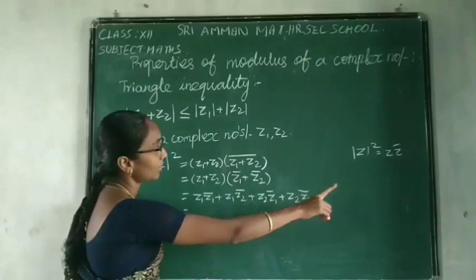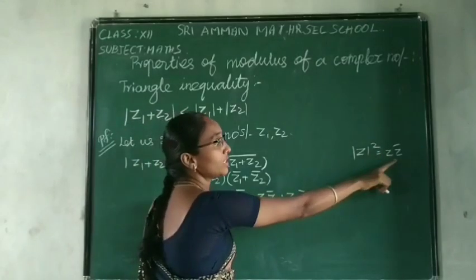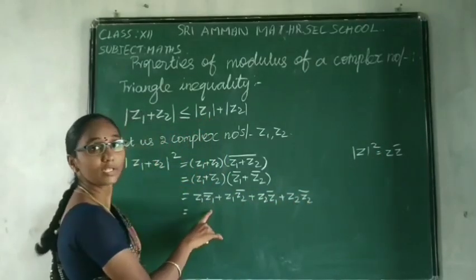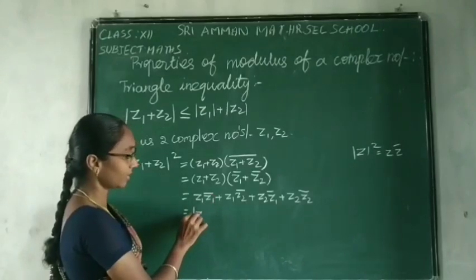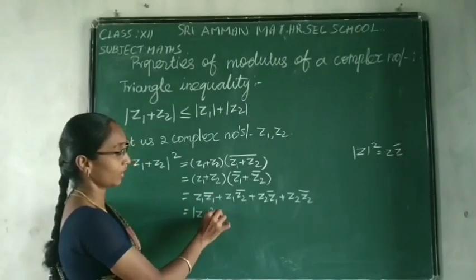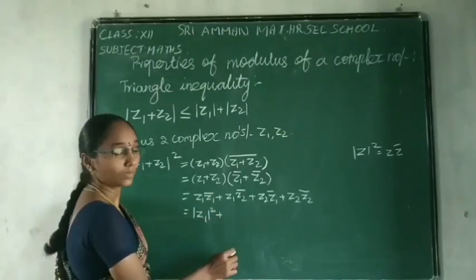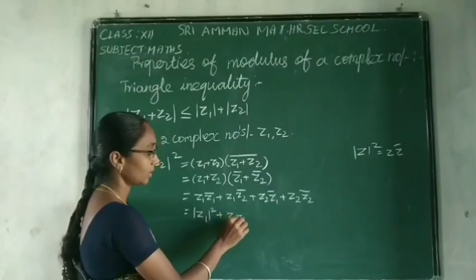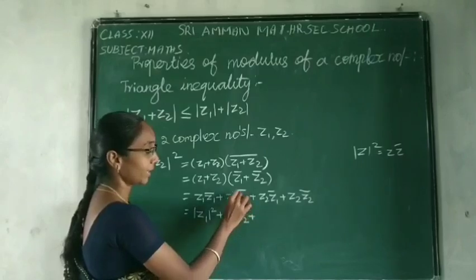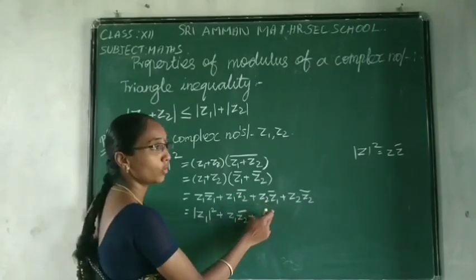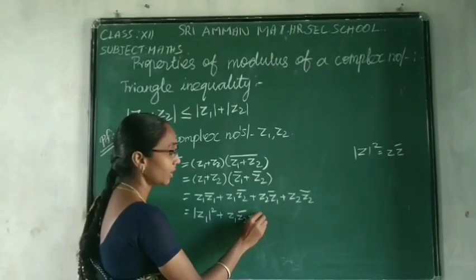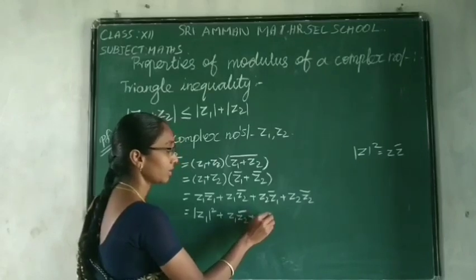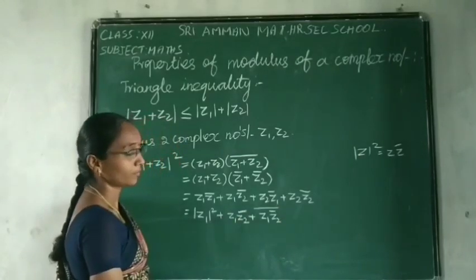You already know modulus of z square equals z z bar. So z1 z1 bar is written as modulus of z1 square. Also this one is z1 z2 bar, and writing the other in the same manner, it is (z1 z2 bar) the whole bar.